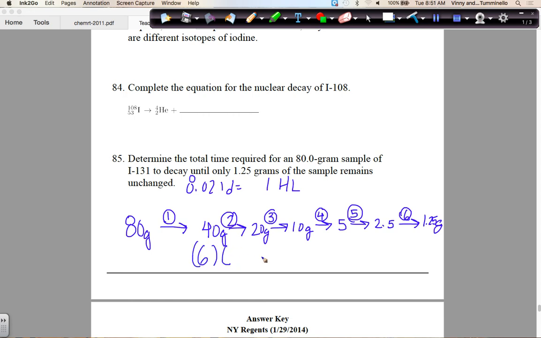That means that 6 times the 8.021 days goes by, and when we multiply 6 times 8.021, we get 48.126 days. So you could have said 48 days, 48.1 days, 48.13 days, or 48.126 days.